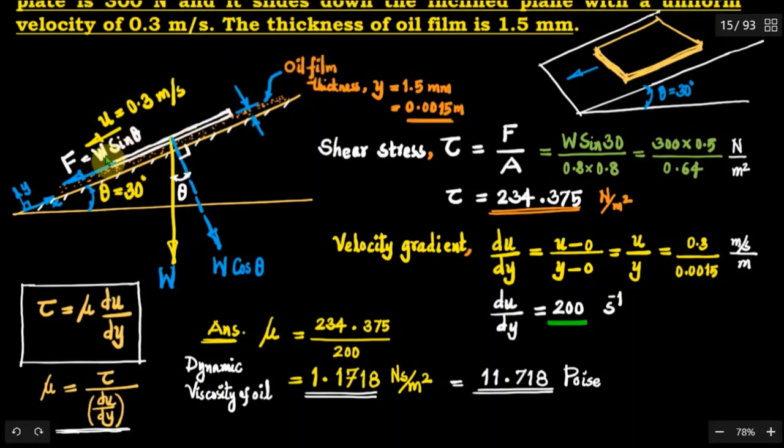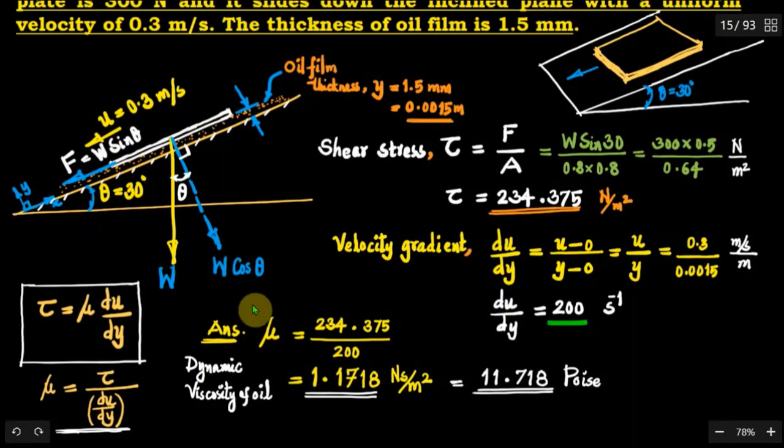So if you consider this diagram and find the component of the weight along the inclined plane, you can see that W sin theta is the component of weight that is acting along the plane. If you resolve W into two components, one along the inclined plane and one normal to the inclined plane, we will have W sin theta and W cos theta.